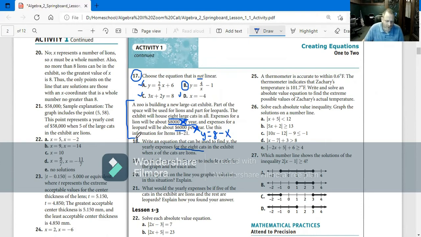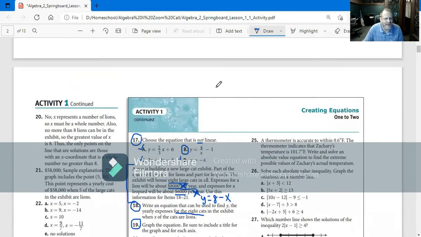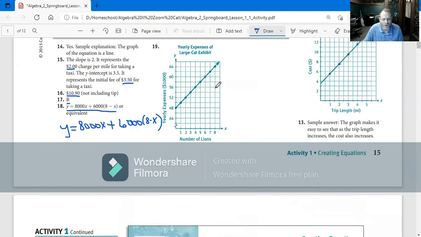All right, so let's look at number 19. Graph the situation. Be sure to include a title for the graph and for each axis. We're looking at number 19, our X and Y axis, right? We're starting from 0, looks like.